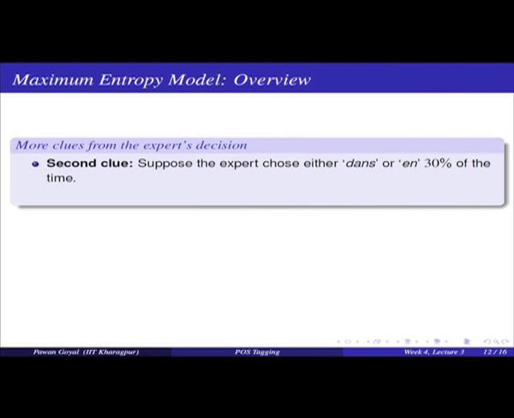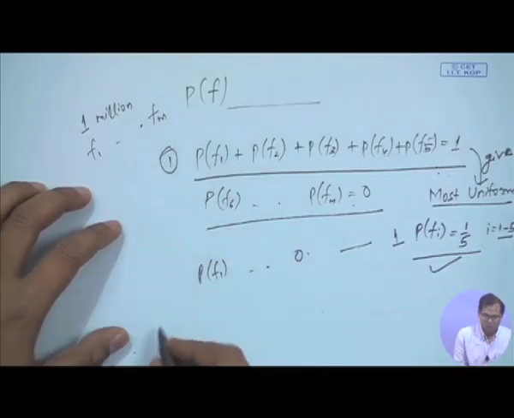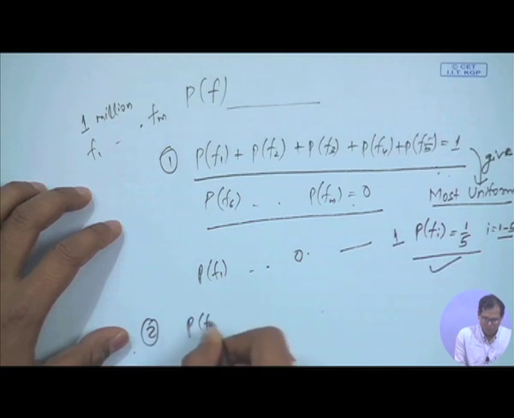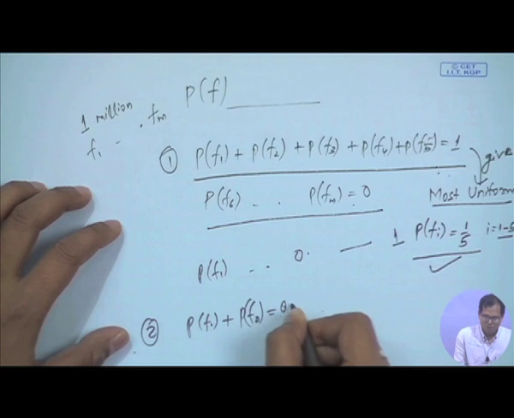Let's go further. This was easy in this case, where we had 5 phrases only. Now I got a second clue: the expert chose either "the" or "a" 30% of the time. So they were, suppose, F1 and F2. This is my constraint 1, and now I have constraint 2: P(f1) plus P(f2) is equal to 0.3.